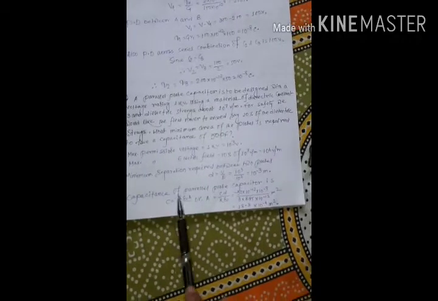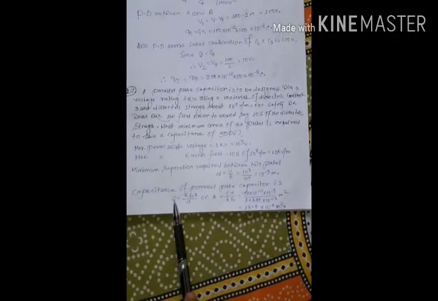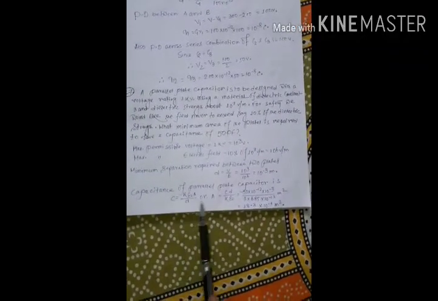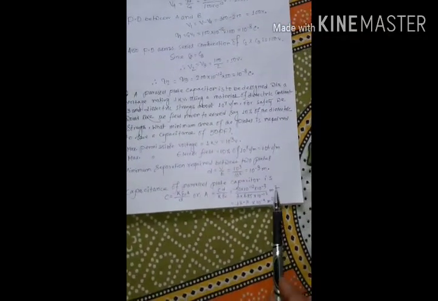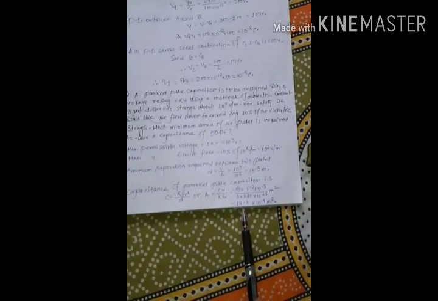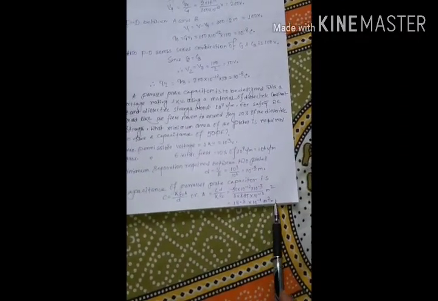Now the capacitance of a parallel plate capacitor with a dielectric slab is given by C equals K epsilon naught A by d, or A equals C d by K epsilon naught. By putting the values of C, d, K and epsilon naught, we get the area of the plate as 18.8 into 10 to the power minus 4 meter square.